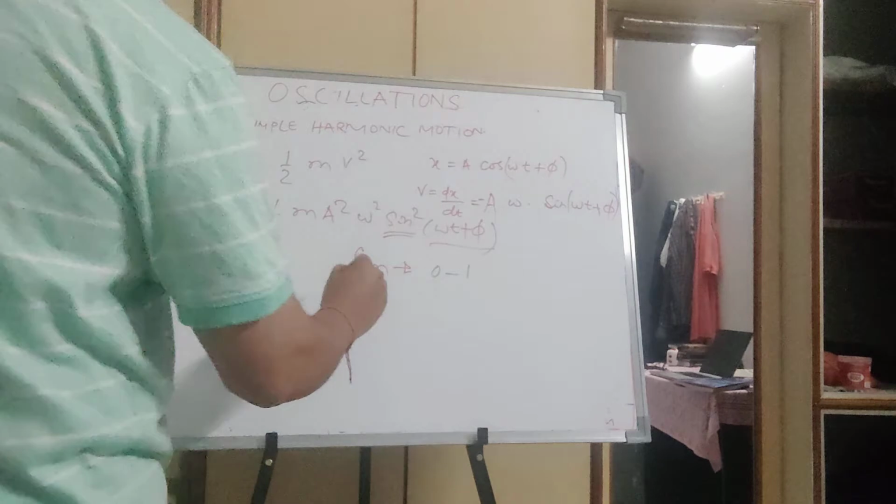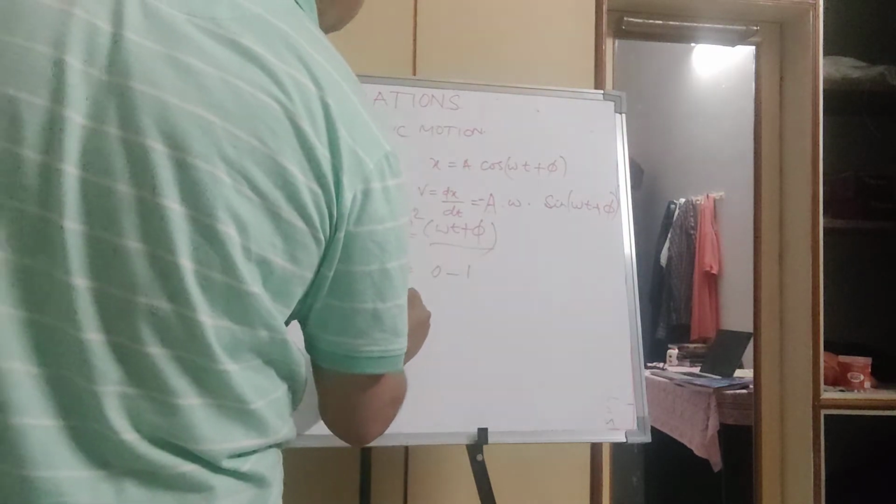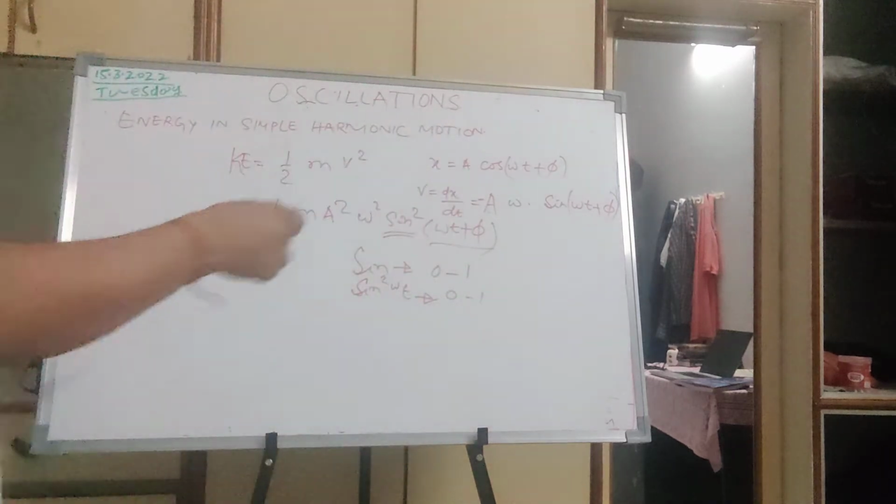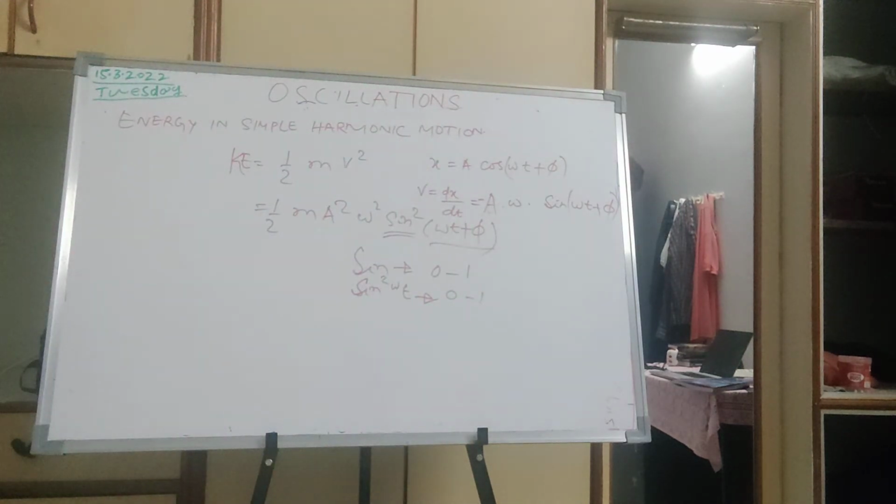So during the course of the simple harmonic motion, it will vary from 0 to 1. It is a periodic motion, being 0 when the displacement is maximum, and maximum when the particle is at the mean position.